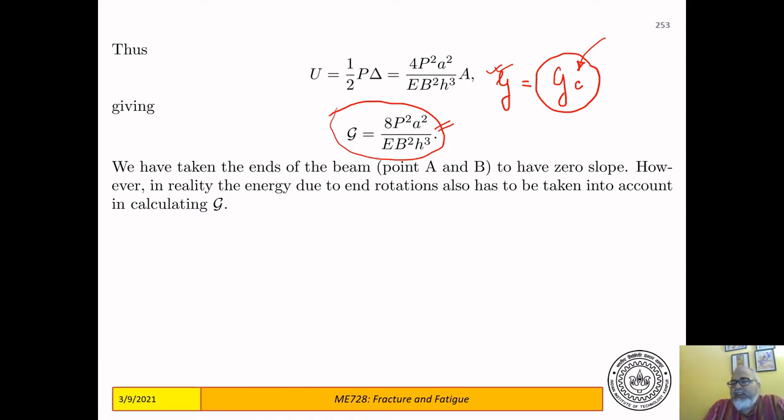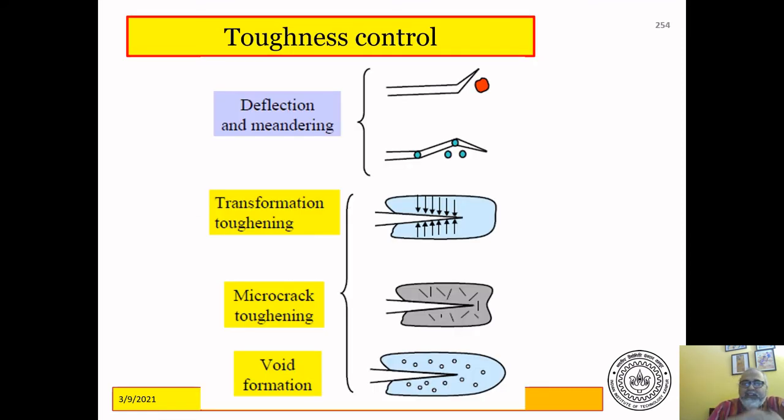Many techniques have been devised in order to increase the intrinsic fracture toughness, the critical fracture toughness of a material. So here are some ways of toughness control. For example, if we have very tough particles dispersed inside the material at a microscopic level, if we have inclusions in the material, then a propagating crack cannot go through these inclusions, and will have to meander. We'll have to go around the inclusions.